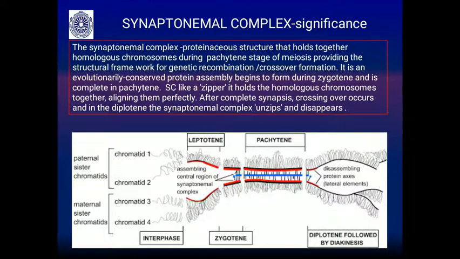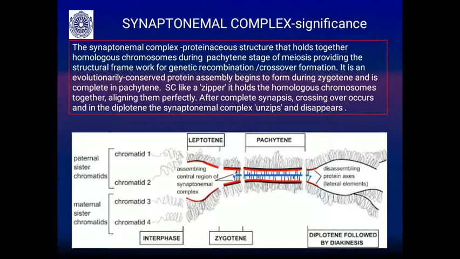Prior to genetic recombination, you will find the development of the synaptonemal complex, supporting the exchange of chromatid segments between the homologous chromosomes. It is an evolutionarily conserved protein assembly made of many proteins, which begins to form during zygotene and is completed at the beginning of the pachytene stage.